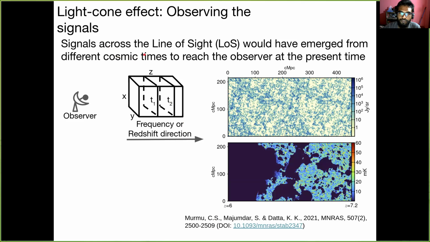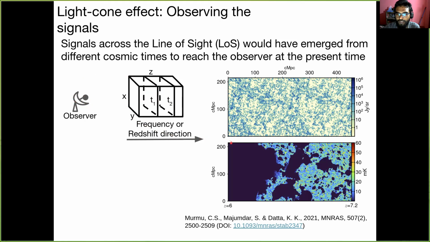Now to observe these signals, we have to deal with something called the Lightcone effect. Since the radiation has a finite travel time, if we are observing a signal along the line of sight, and two slices are separated by a certain distance, then the signals must have emerged from these two slices at two different times such that they can reach us at the present time.